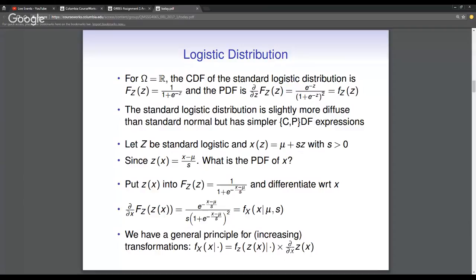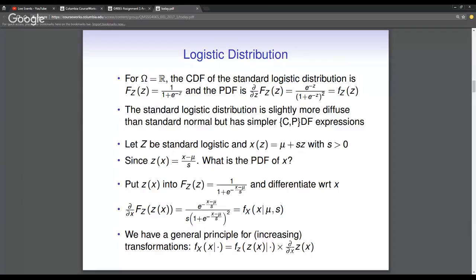The reason why this works is the CDF tells you what's the probability that something is less than or equal to this. And if I do a monotonically increasing transformation to get into that, then the probability that x is less than or equal to little x is going to be the same thing if I just map from little x to little z.